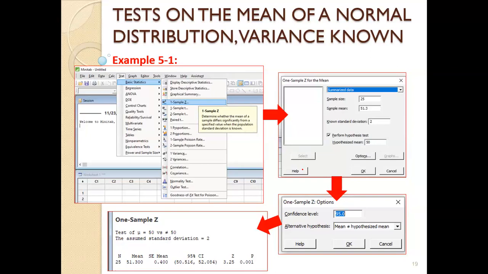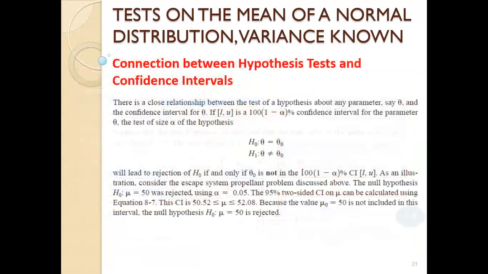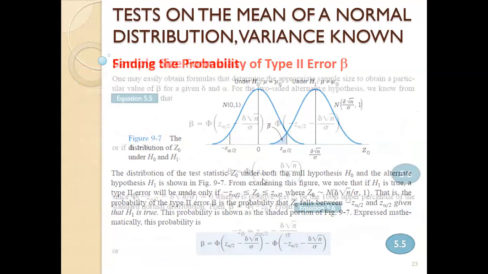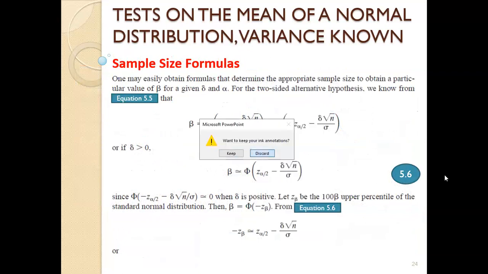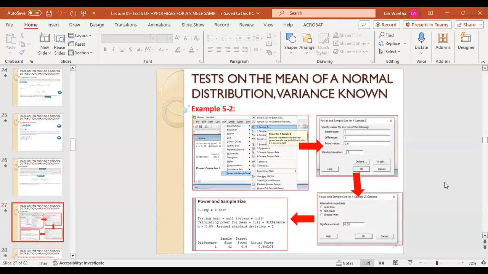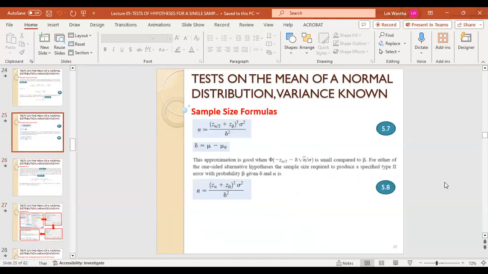You can use Minitab to calculate the hypothesis test, and also to calculate the number of samples. What number of samples do we need when we do the experiment? We would like to get this mean, and how many samples, predicted by Minitab also.